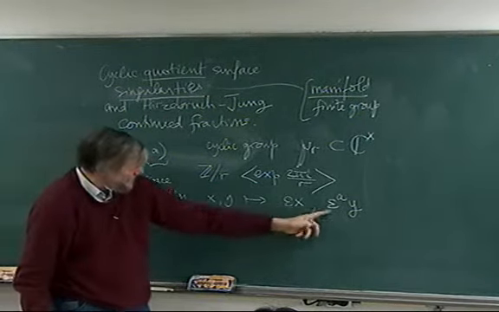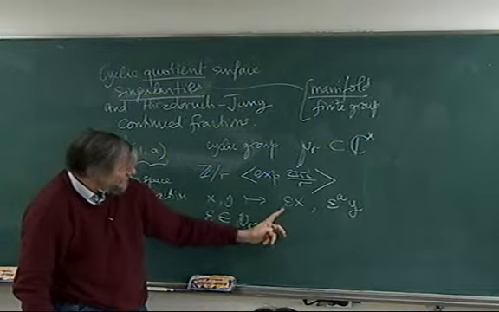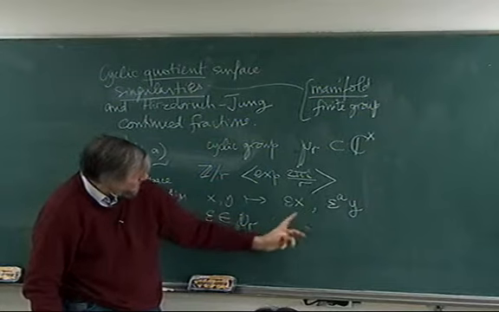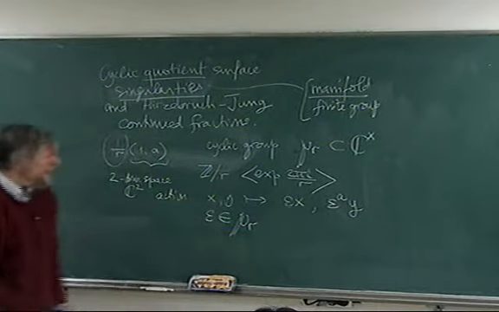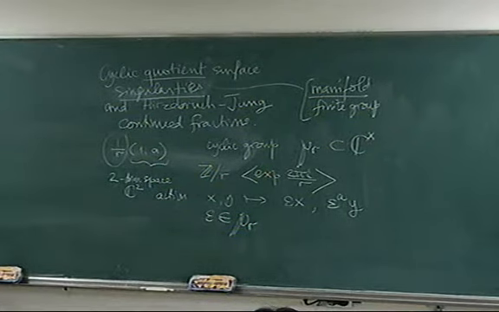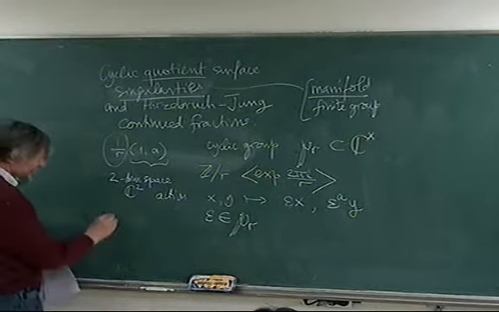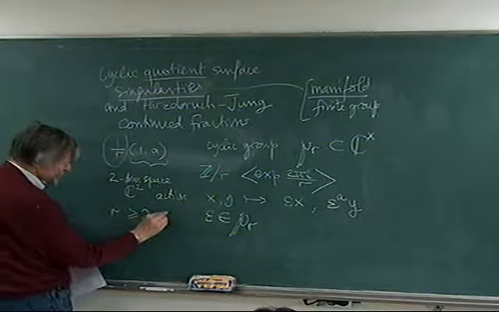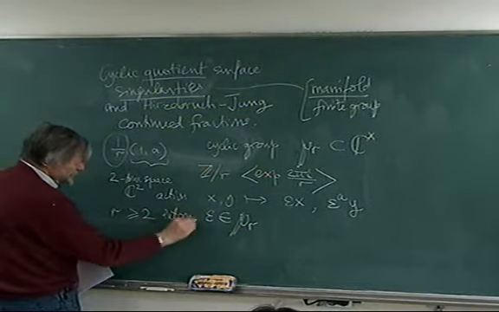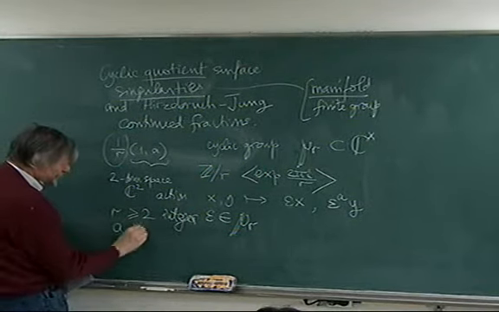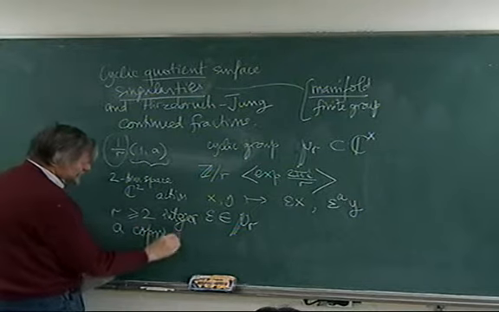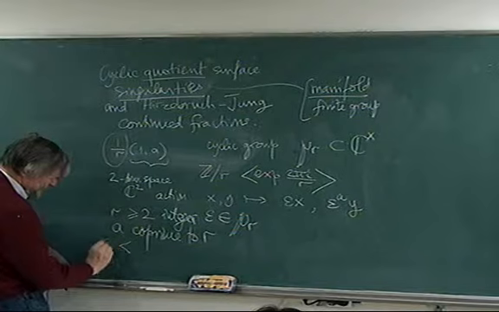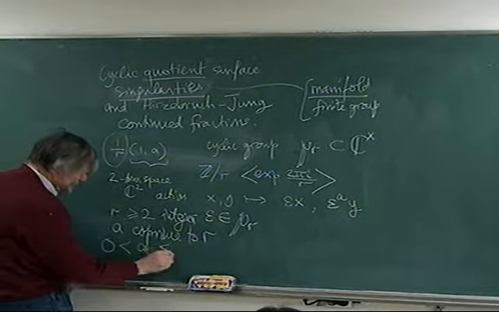Every irreducible representation of this group has dimension 1 and looks like some power of epsilon. So R is usually an integer greater than or equal to 2, and A is coprime to R. Usually, let's take 0 less than A less than R.